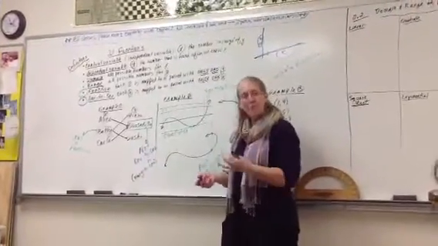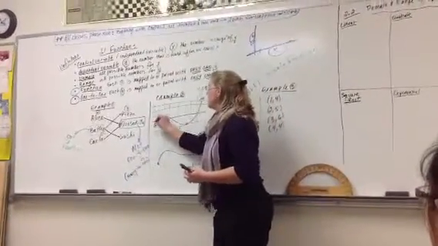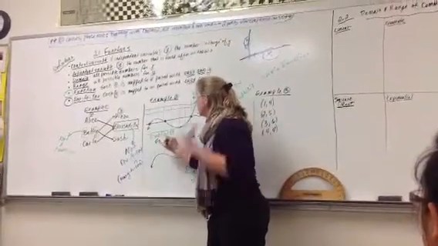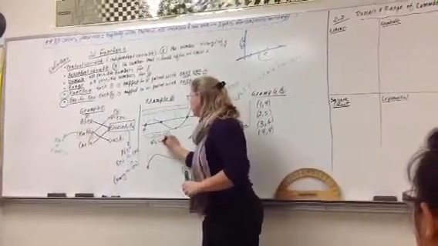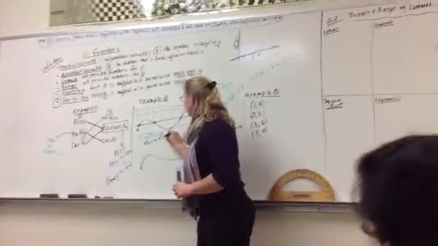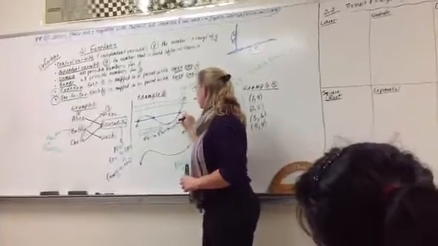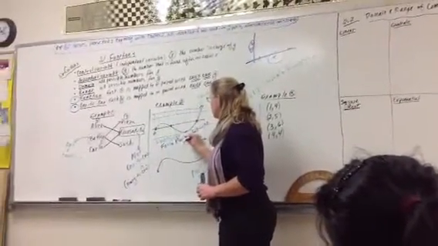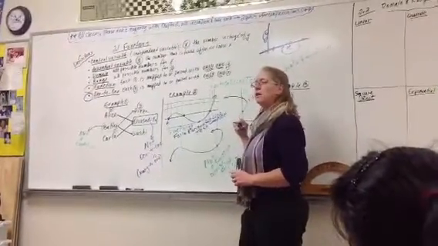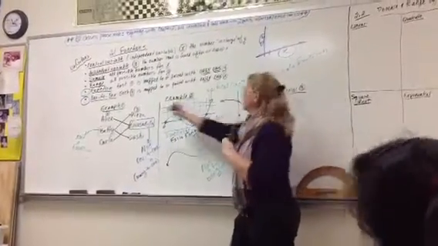They have obvious names. This is failing the horizontal line test. So it is not, what? One-to-one. Not one-to-one.